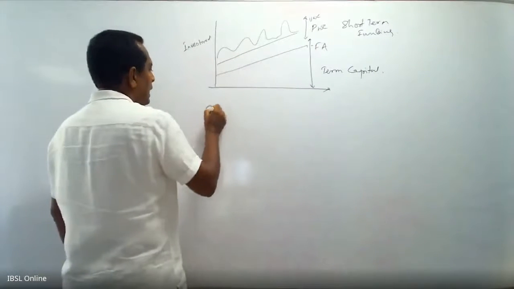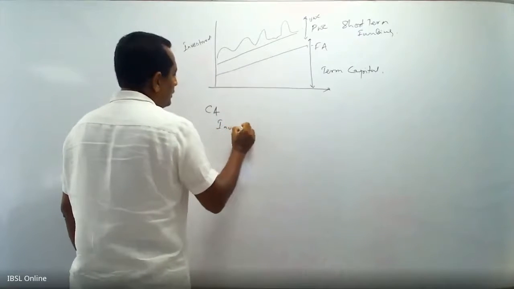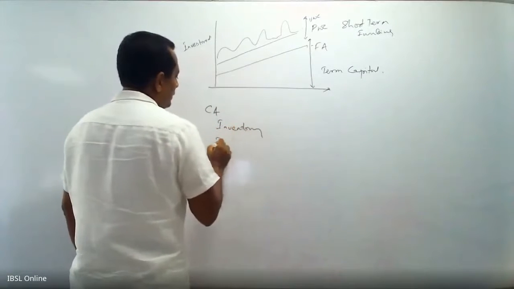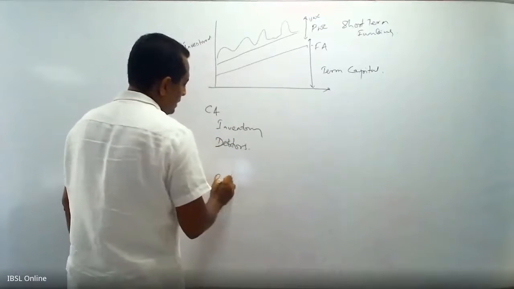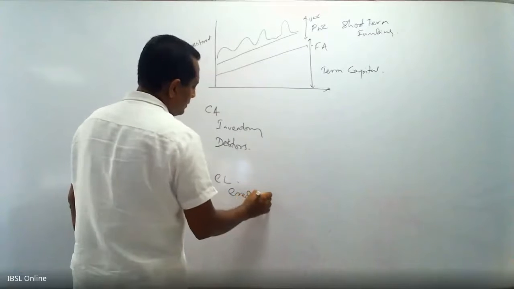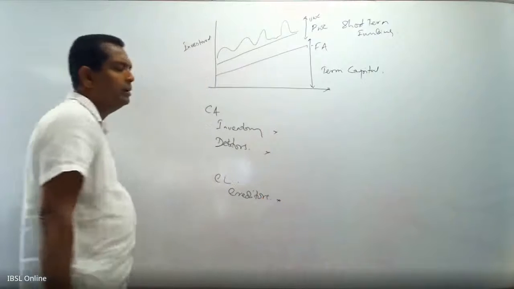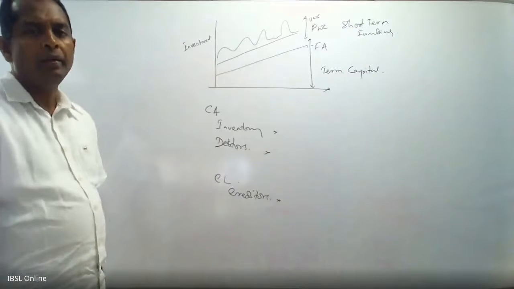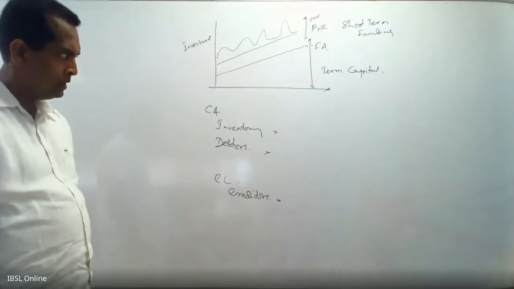Basically, in current assets, we have inventory and debtors, and in current liabilities, we have creditors. Managing these three items is called working capital management, right?